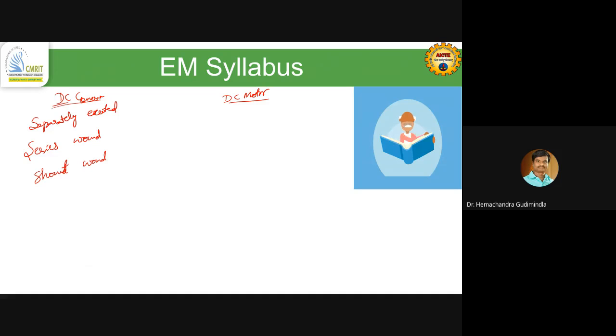In this shunt wound, again there is the short shunt compound and the long shunt compound. So these are the categories of generators we basically refer to in DC generators, right?